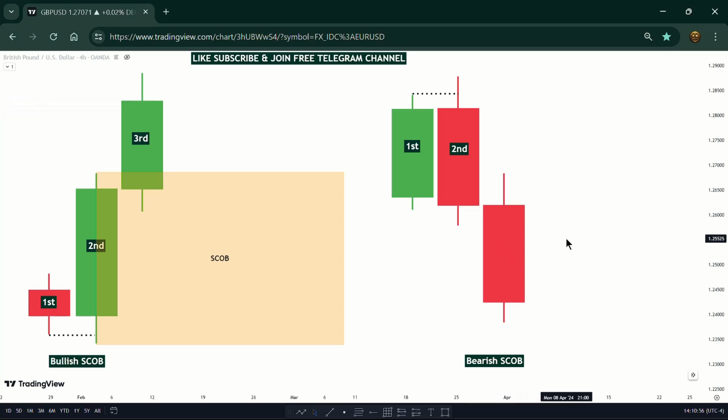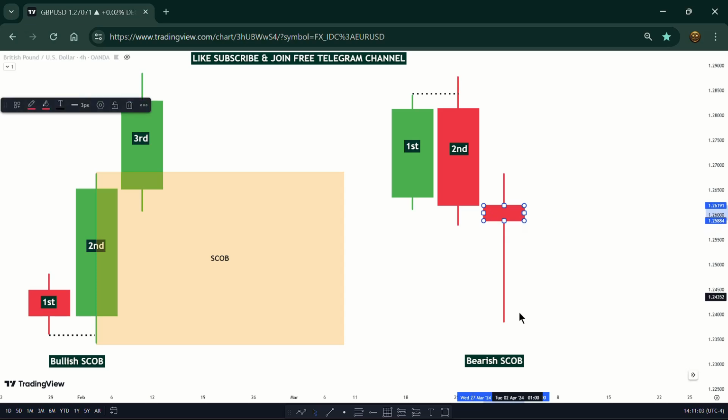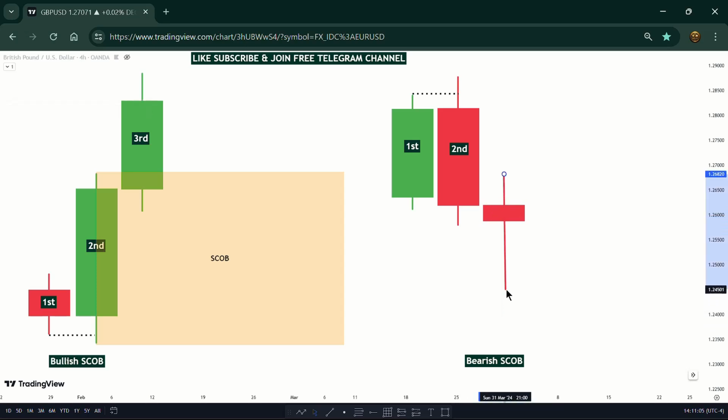Let me remove this. What's going to happen sometimes is this. The market can do something like this, something like that, and then you can see this candle. This is 1, 2, 3, but this one did not close above this candle's wick here with a full body.